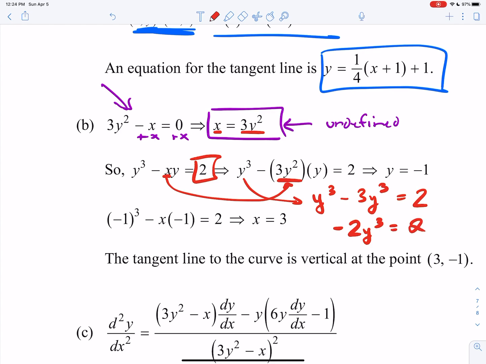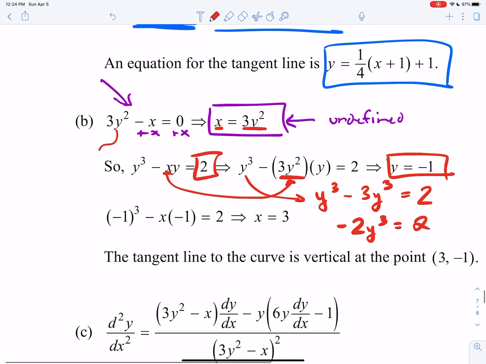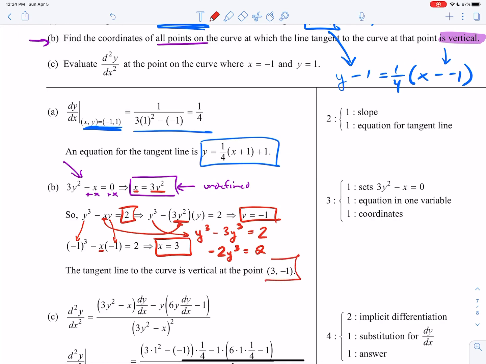And if you go far enough solving for y, you should get y equals -1. Now that we know that y is -1, we plug it back in. Our only missing variable here is x. If you solve for x, you should get 3. So you found the point where the tangent line would be vertical.